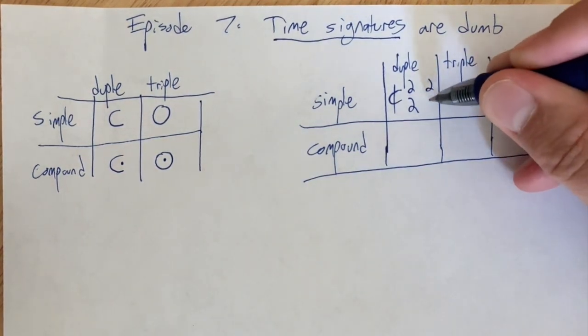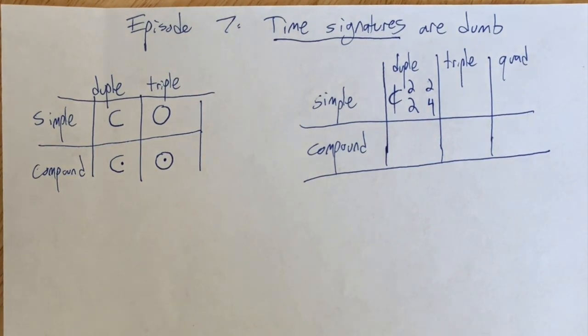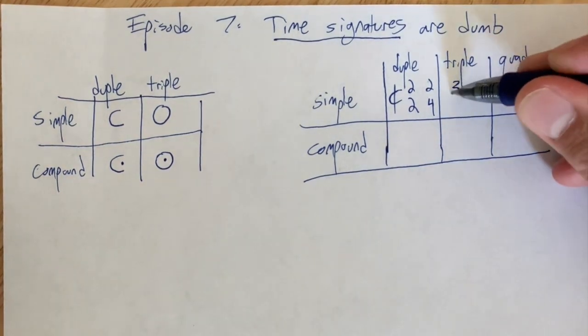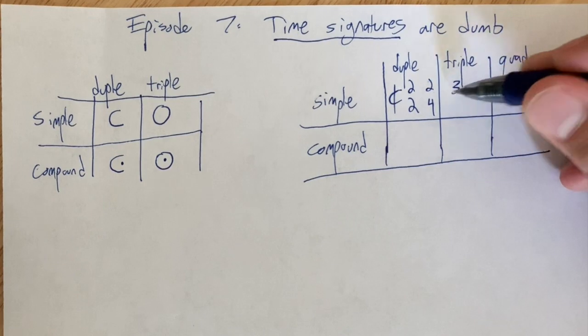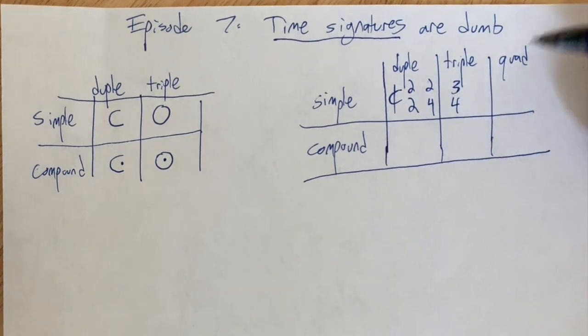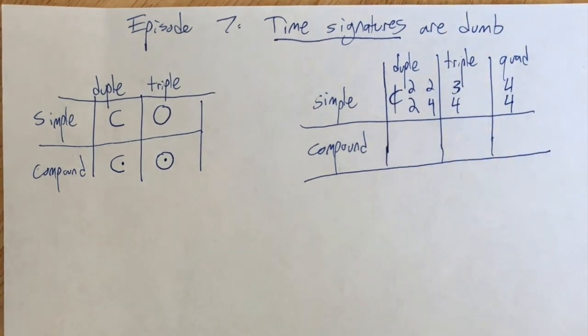Another really common duple meter is 2-4. Probably the most common triple simple meter is 3-4, and easily the most common quadruple simple meter is 4-4.